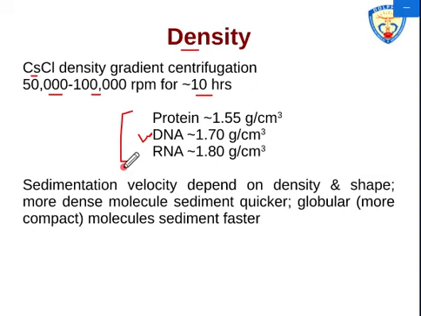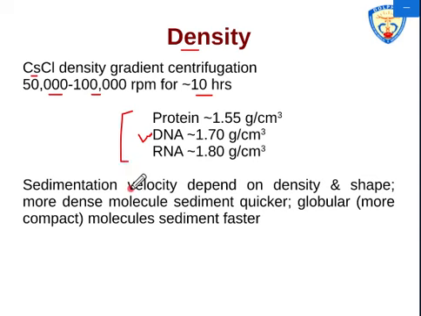So if there is a slight difference in the GC content of DNA, or a difference in the physical form of DNA, linear or circular, all these differences can be found out using cesium chloride density gradient centrifugation.